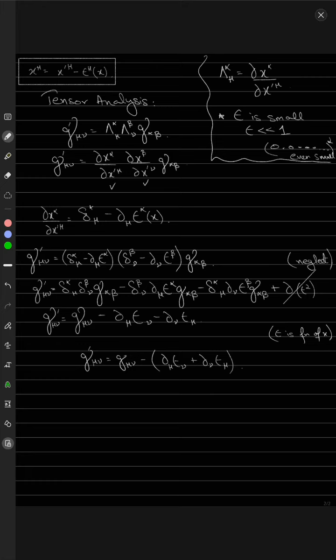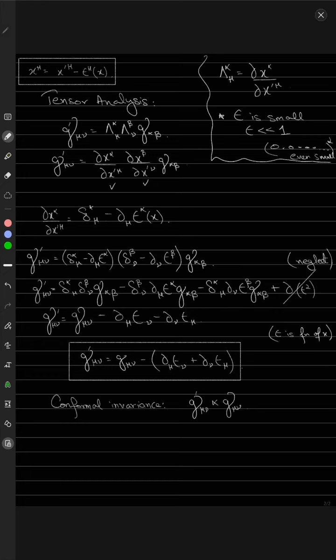Okay, so now this is an expression that I have for the transformation of g mu nu. But now if I want conformal invariance, that's something that I'm looking for, because we are dealing with conformal transformations. And for conformal invariance, the new metric tensor g prime mu nu should be proportional to the initial metric tensor g mu nu.